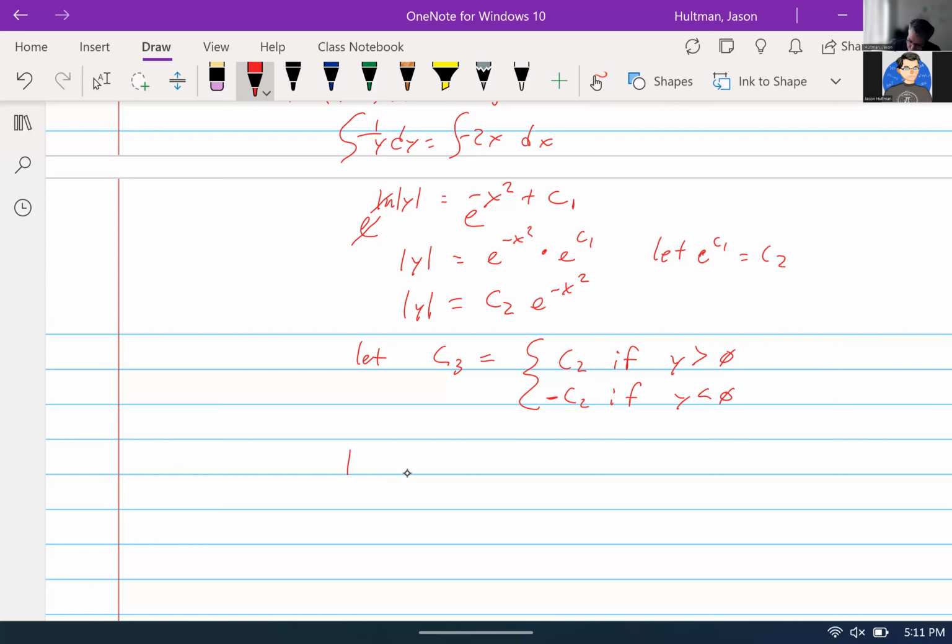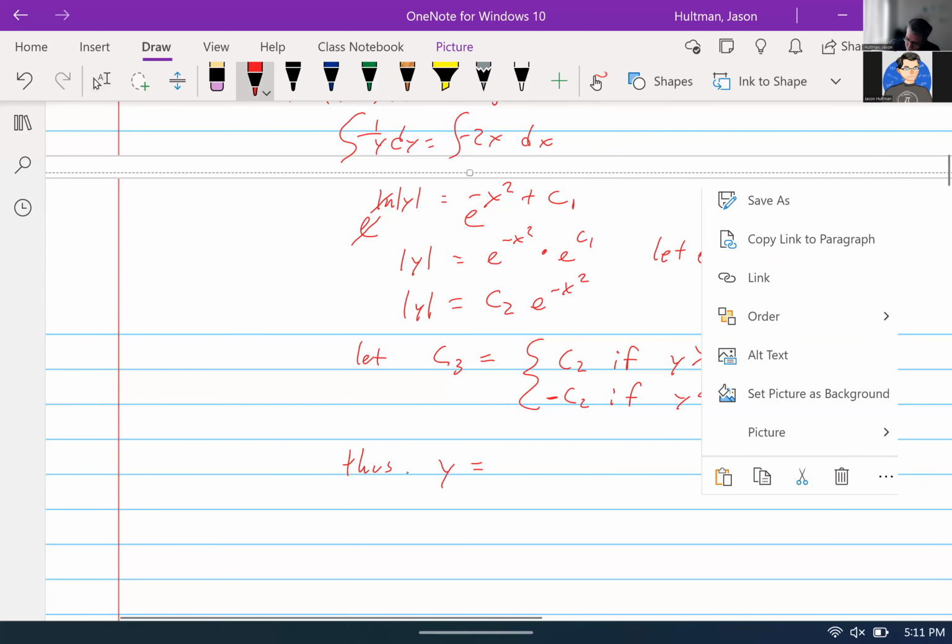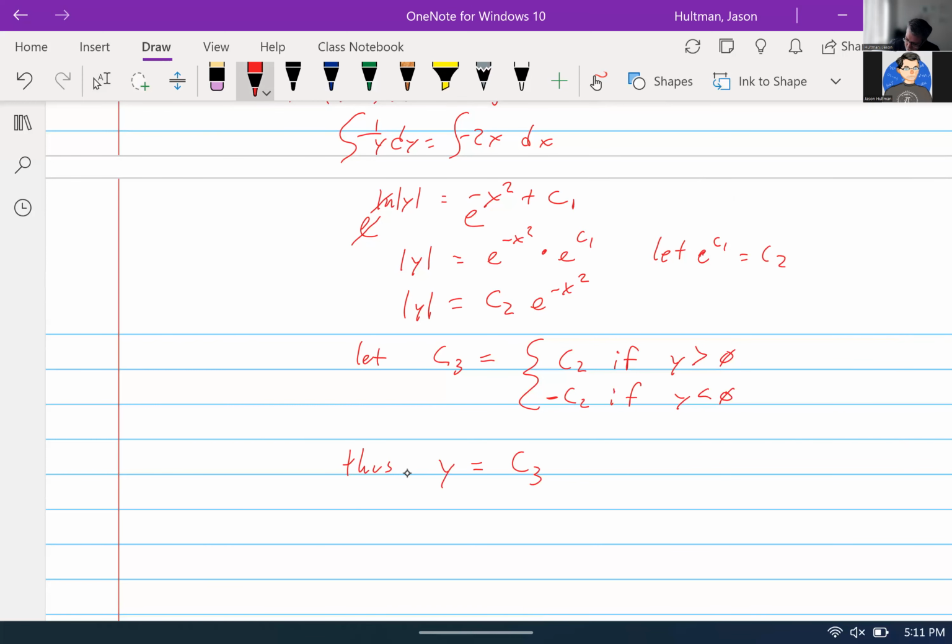Thus, regardless of what I have, y is going to be equal to C3 times e to the negative x squared, regardless of the sign of C2 or the value of the function after setting it equal to the absolute value of that.